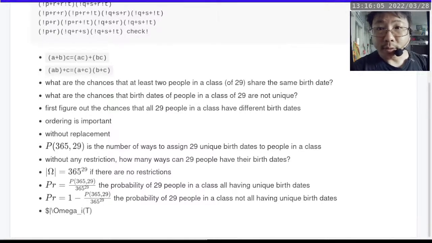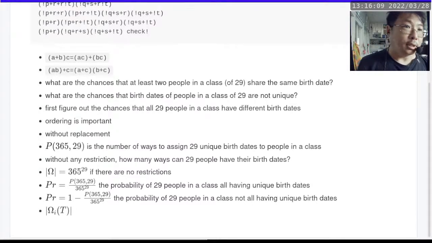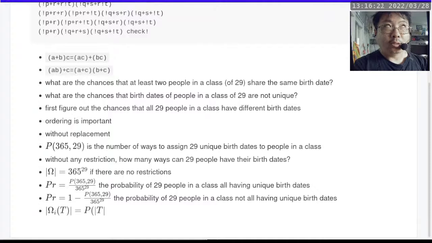All right, so this is what I want to figure out. What is the cardinality of this thing here? This cardinality should turn out to be the permutation of the cardinality of t, which is the number of elements of the initial set of outcomes for the first trial of the entire experiment, and I is the number of trials that we want to have in the experiment.